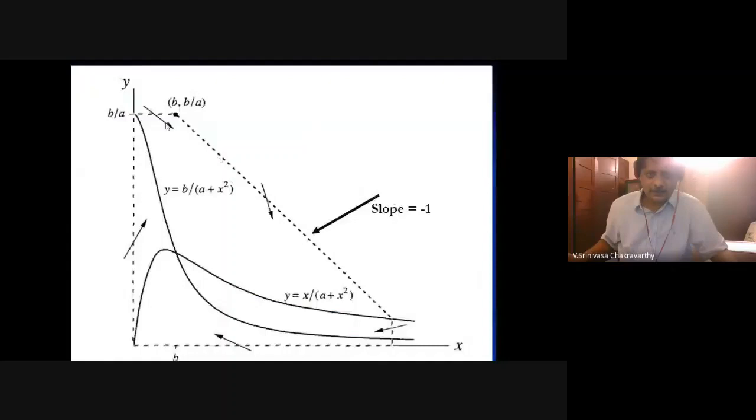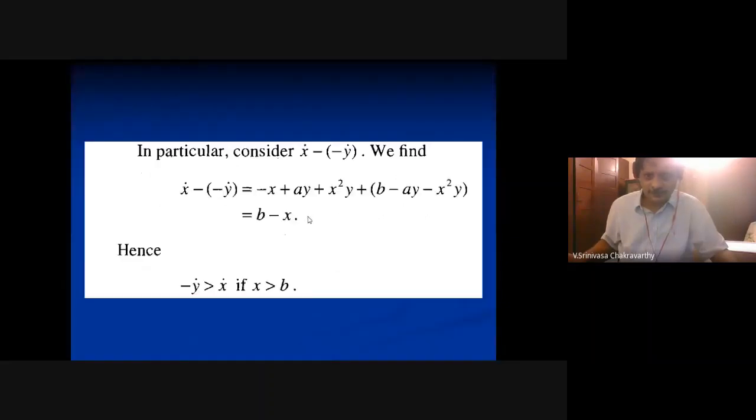We have taken this outside b, so x is greater than b. Therefore, b minus x is negative. So x dot minus of minus y dot is less than 0. That means x dot is less than minus y dot.